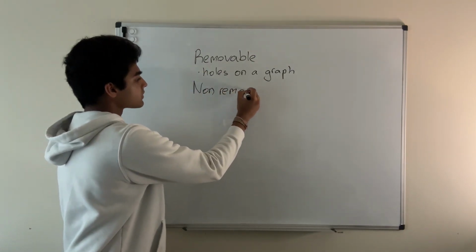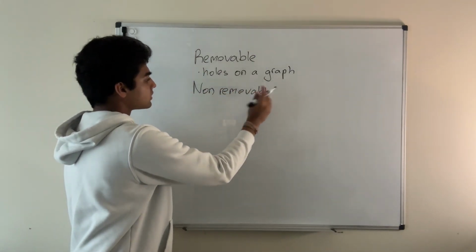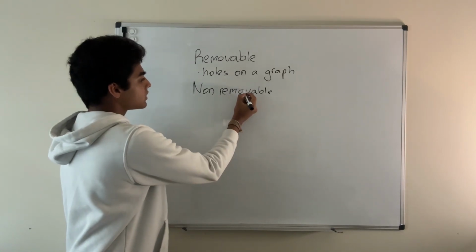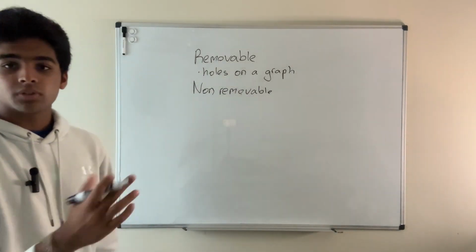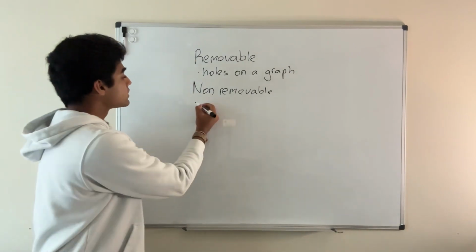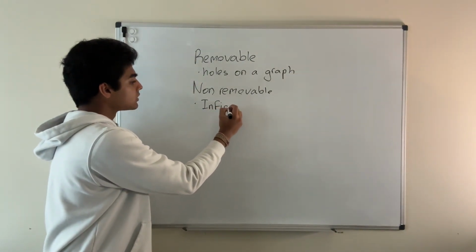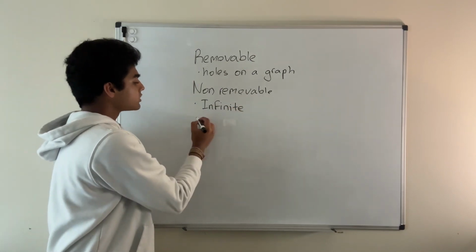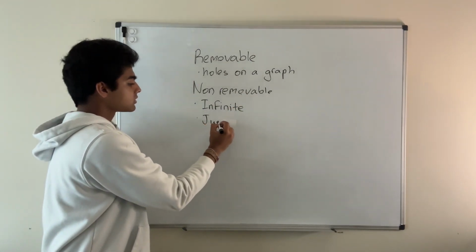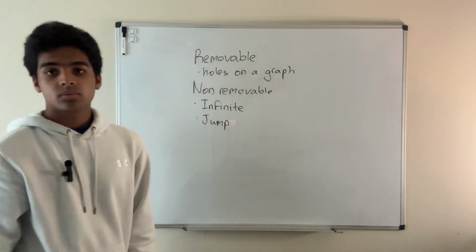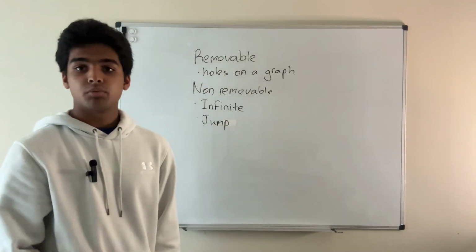And there are two different types of non-removable discontinuities: the infinite discontinuities, and the jump discontinuities. So let's get a better idea of what each of these are.